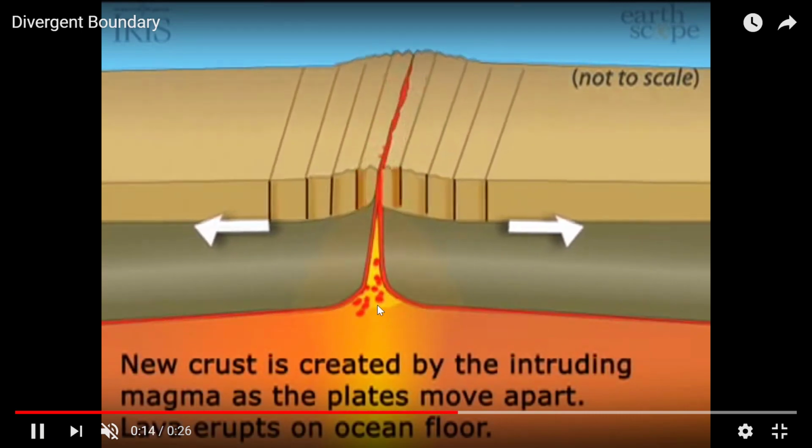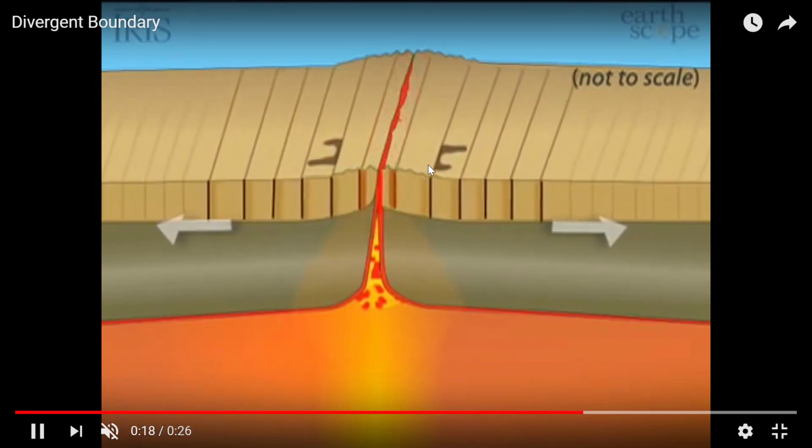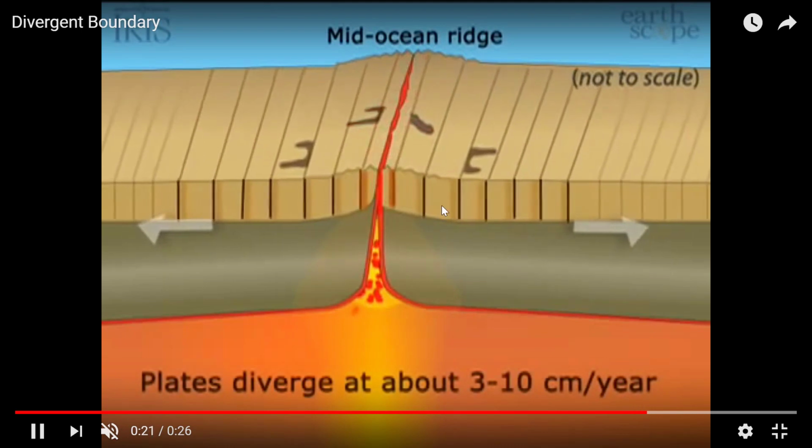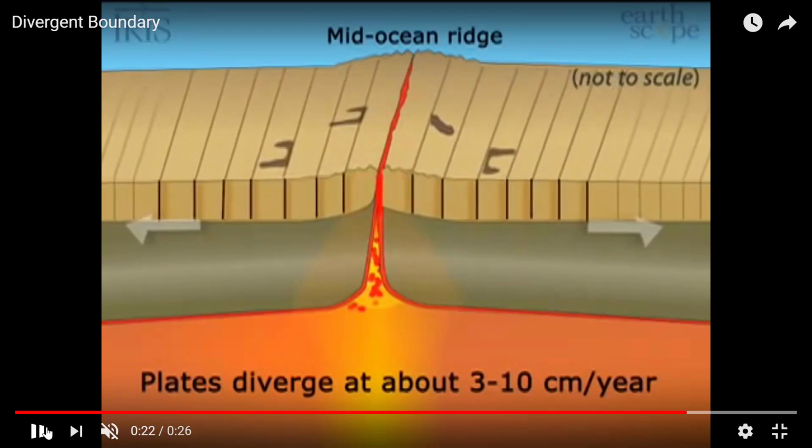And in a divergent boundary, the magma pushes up through the asthenosphere and is creating these new layers, this new crust. Okay? And the formation of this new crust, these layers, can be found along a mid-ocean ridge, as you can see here, just like we talked about.